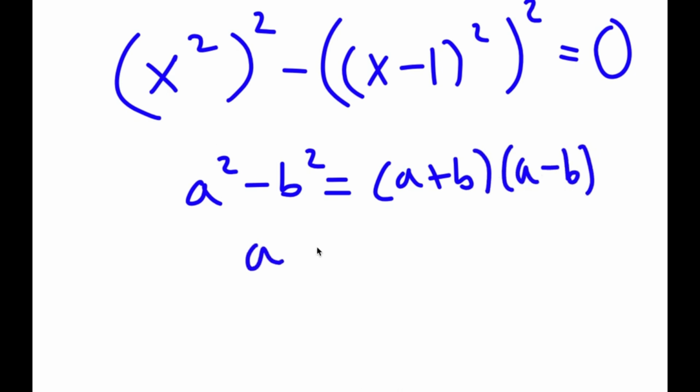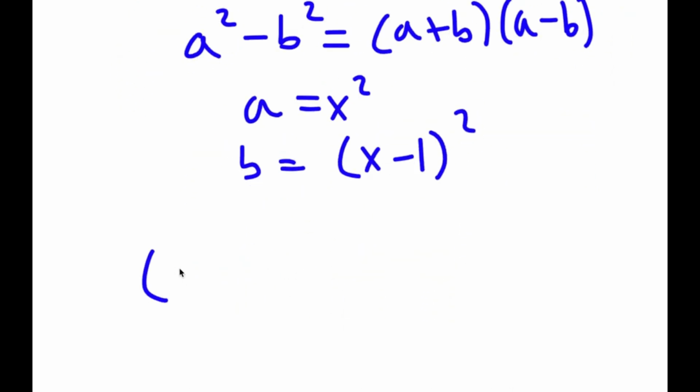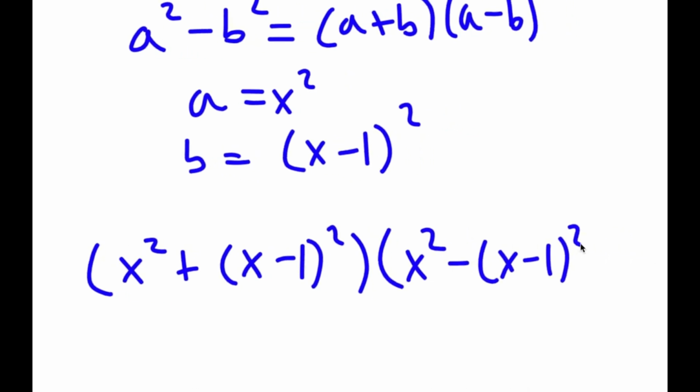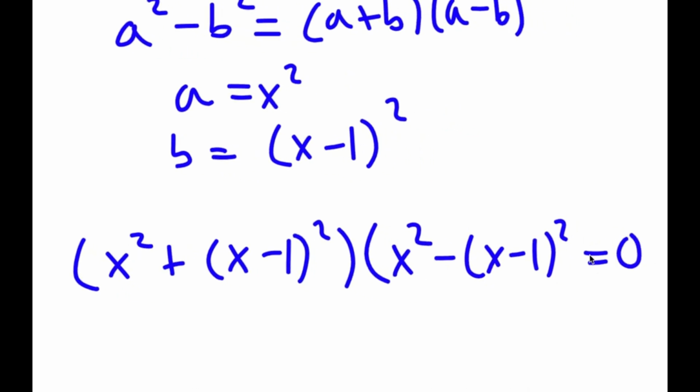So in this case, a is x squared, and b is (x minus 1) squared. So now I have (x squared plus (x minus 1) squared) times (x squared minus (x minus 1) squared). This is equal to 0.